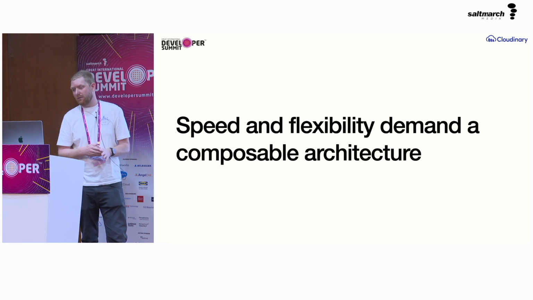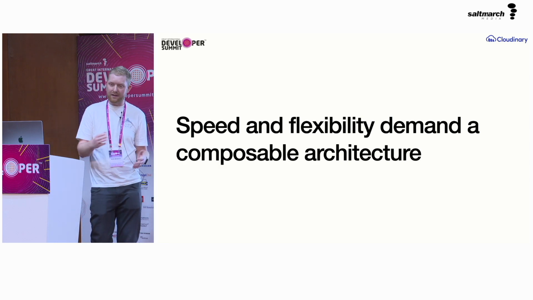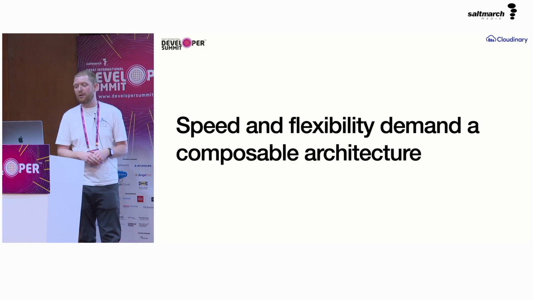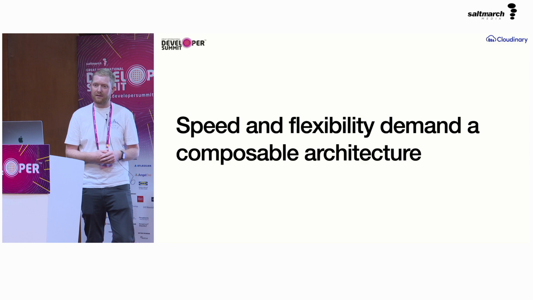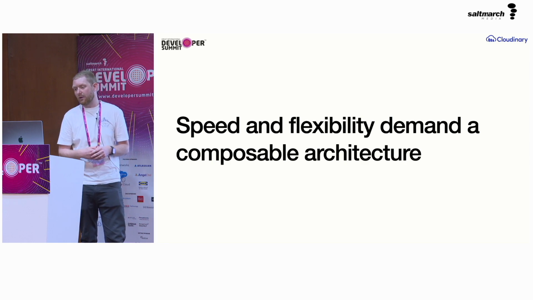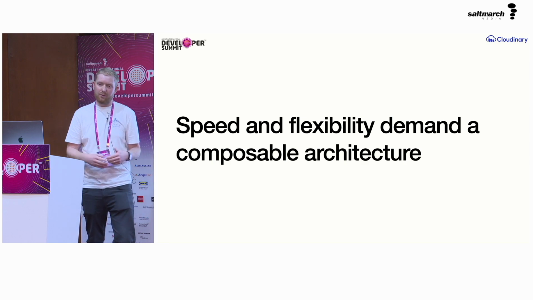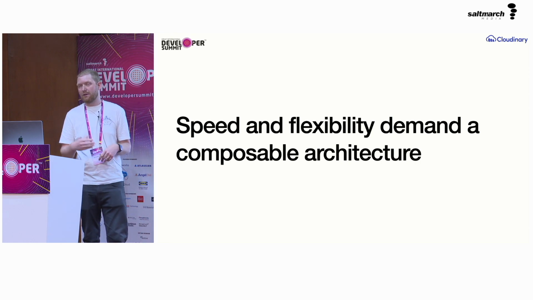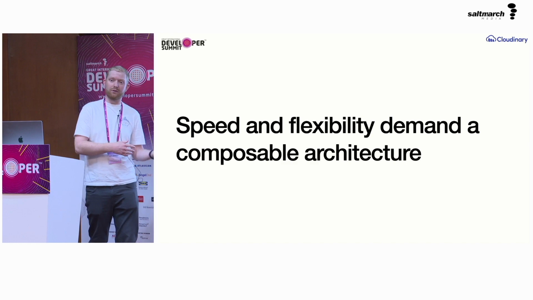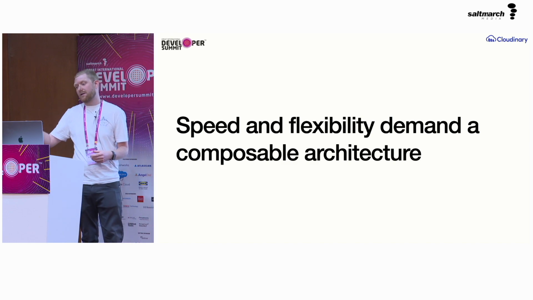Something that I'm sure most people will be aware of when it comes to architecture is having a composable architecture, and the speed and flexibility that you get from that is super important. With Cloudinary, we pride ourselves on being a tool that is composable. It's all about choosing the right tool for the right step within that architecture.